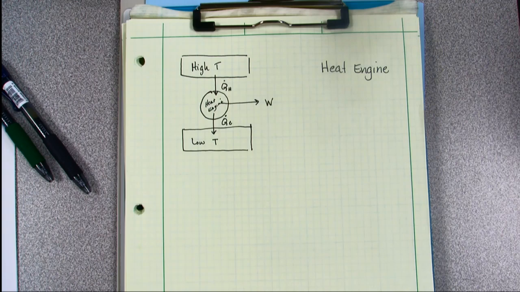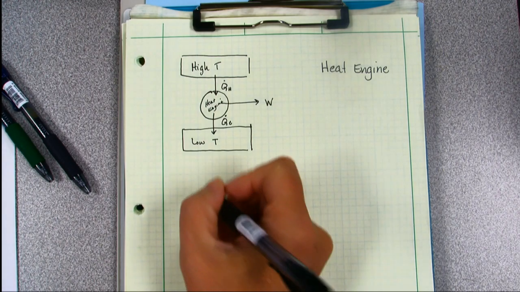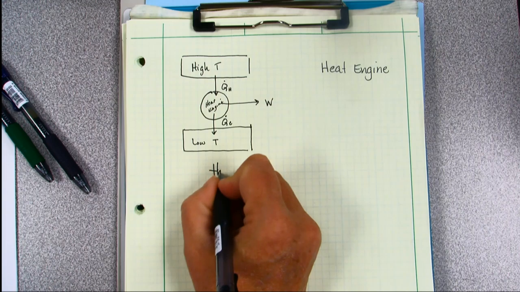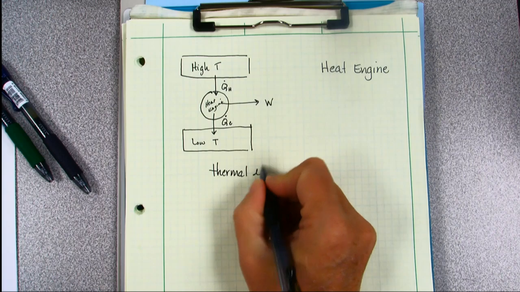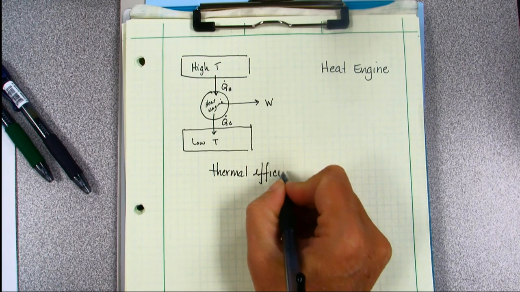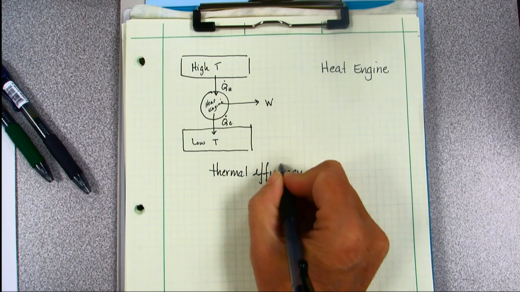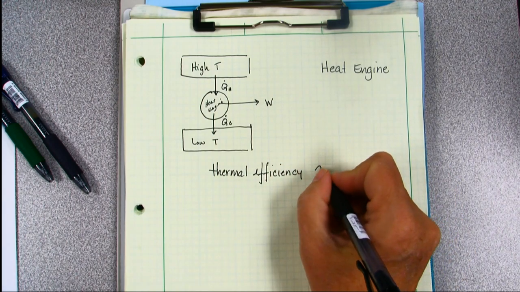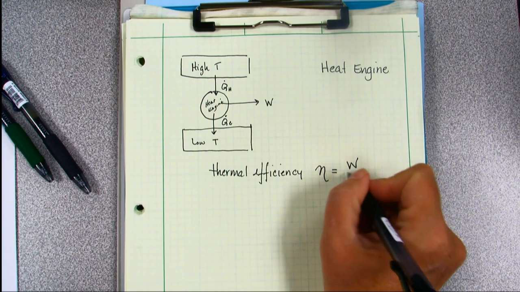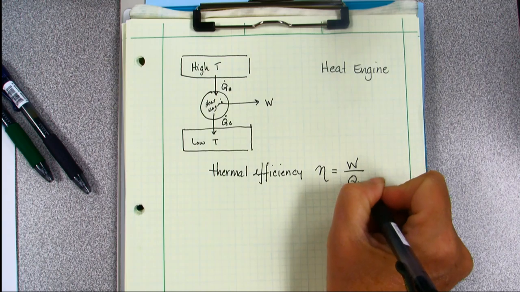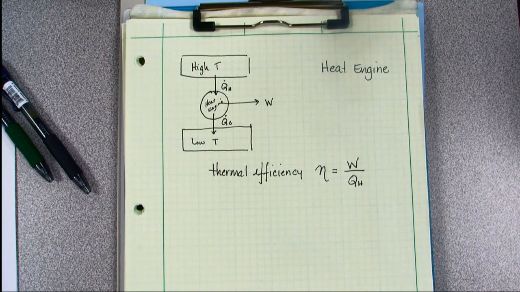And what we will end up doing is defining something as the thermal efficiency. And this is the very last part of chapter 4. Our thermal efficiency, we're going to use this lovely little scripty n, and that's the work divided by our heat.